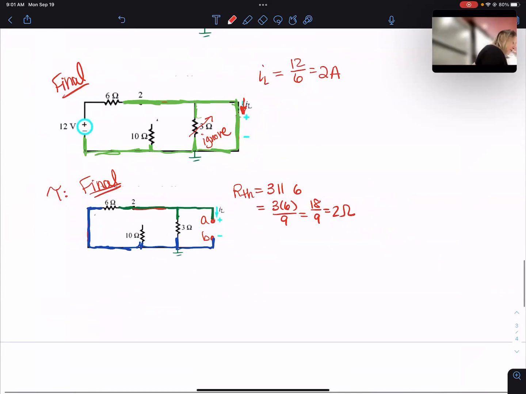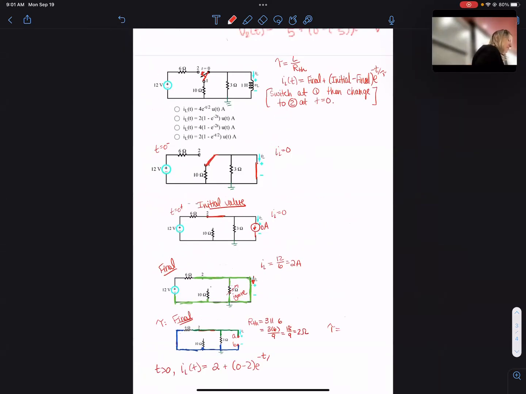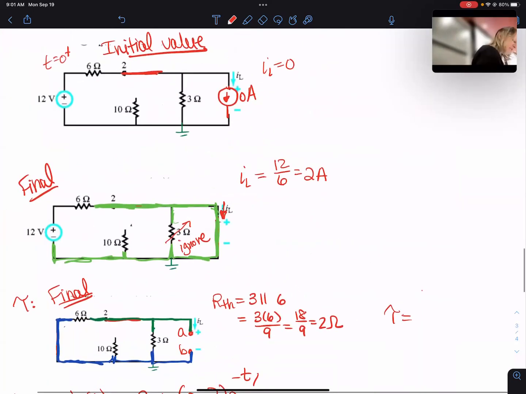So now my general form equation, my final value plus my initial minus final, e to the minus t over tau, which is L over RTH.